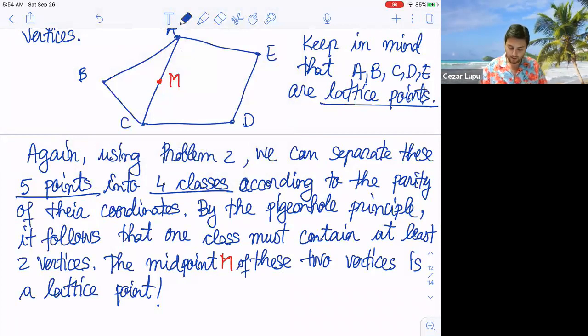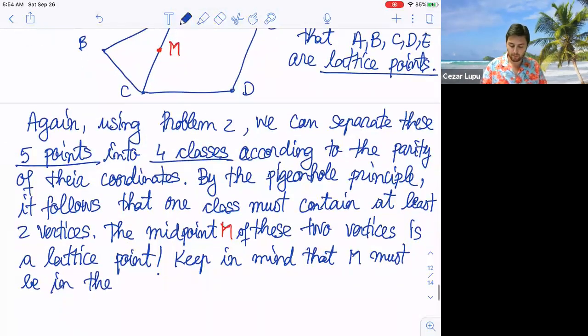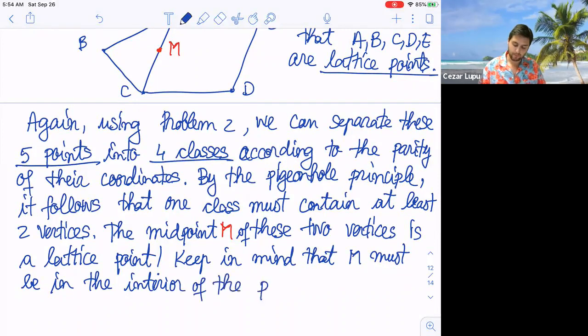So keep in mind that M must be in the interior of the pentagon A, B, C, D, E.